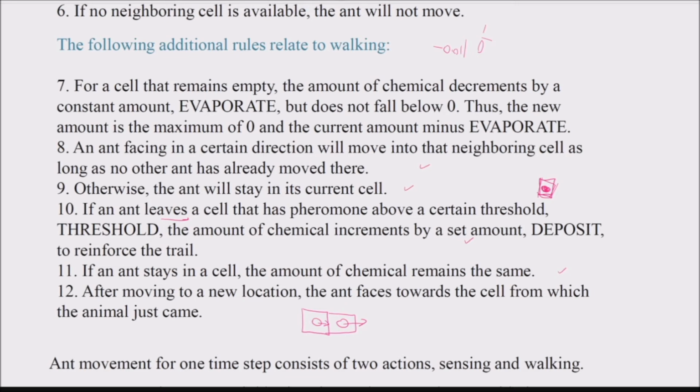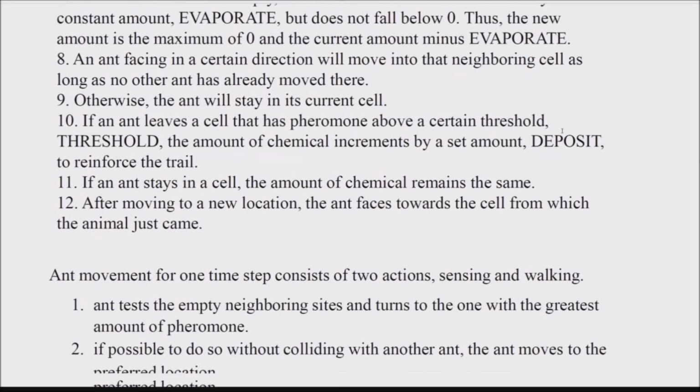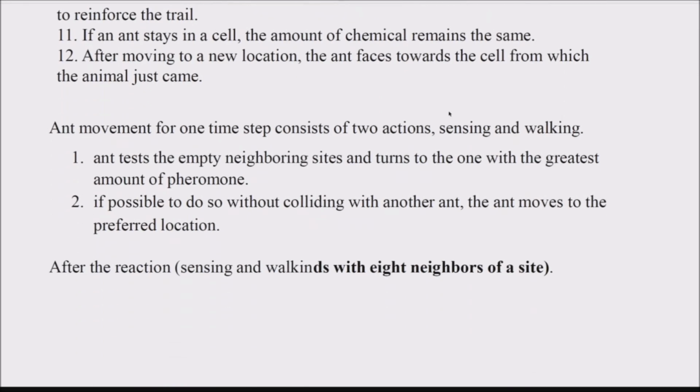All right, so let's look at more, and we come into the algorithms, right? Movement for one time step consists of two actions: sensing and walking. So there are two functions I'm going to write, one for sensing, the other one for walking.